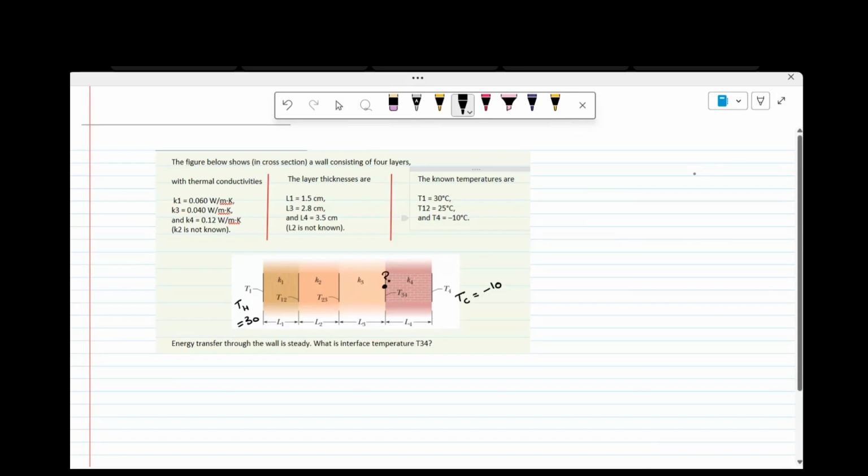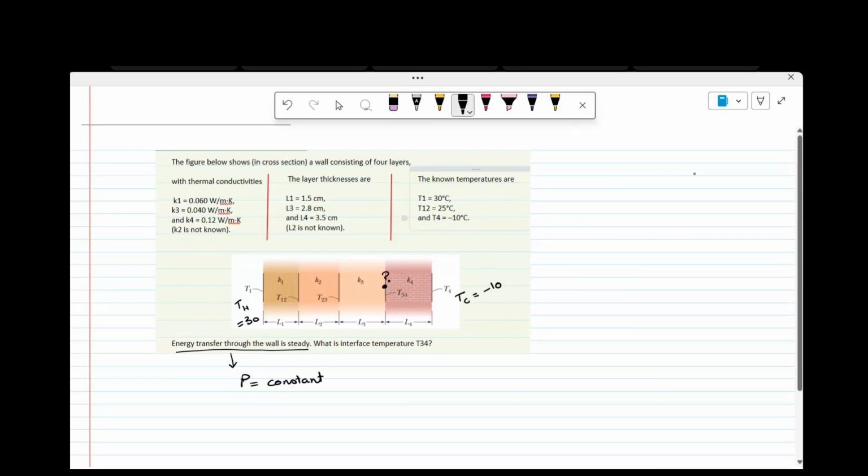And the expression "energy transfer through the wall is steady" is our key to solving this question, because we know that when we have steady heat transfer by conduction, the rate of heat transfer is going to be the same. So P is equal to a constant.